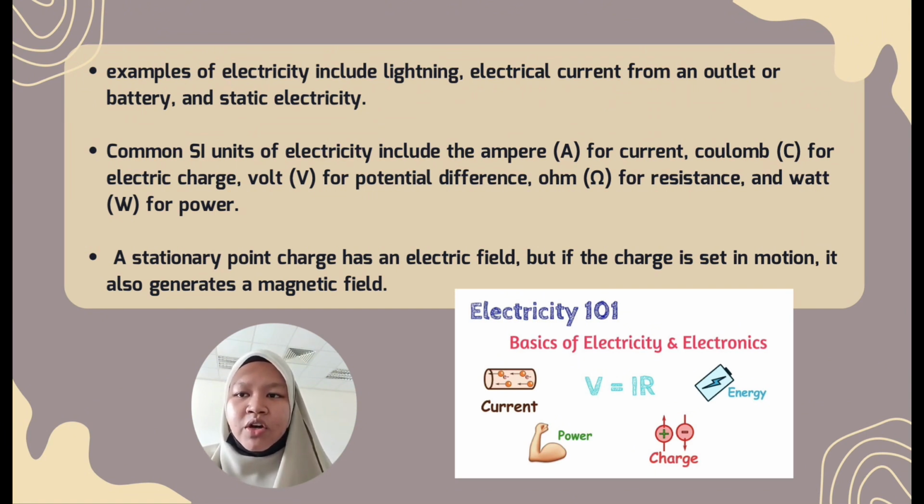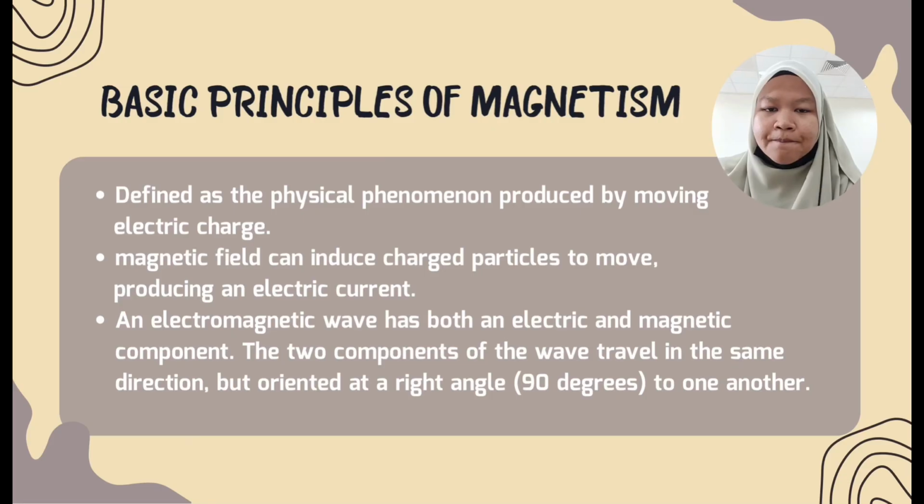Common SI units of electricity include the ampere for current, coulomb for electric charge, volt for potential difference, ohm for resistance, and watt for power. A stationary point charge has an electric field, but if the charge is set in motion, it also generates a magnetic field.